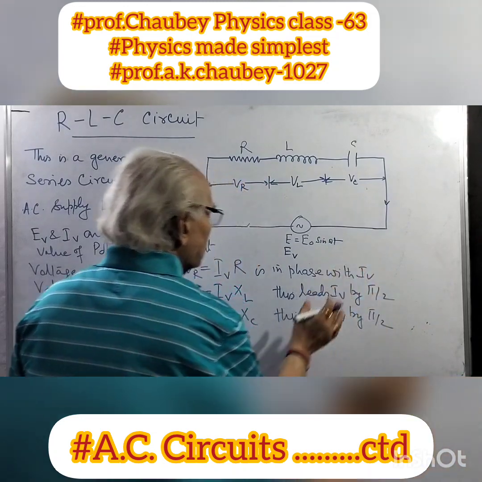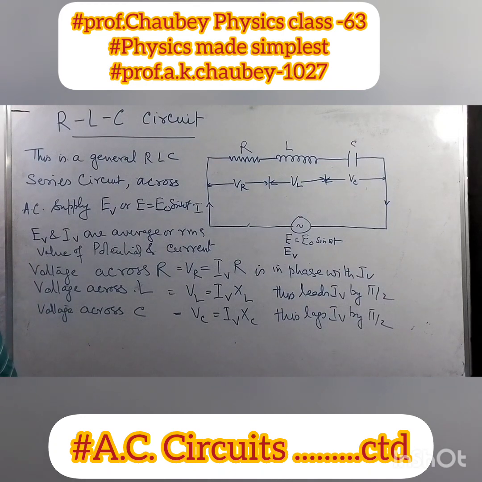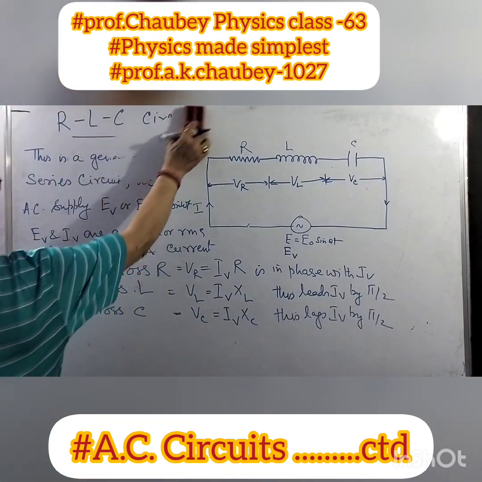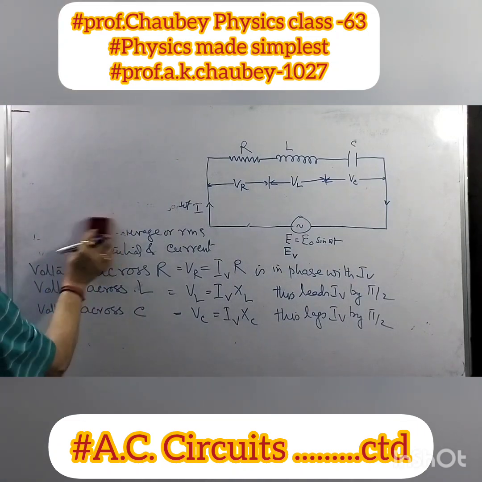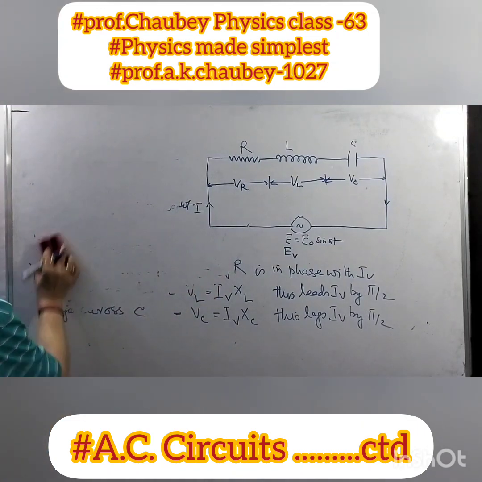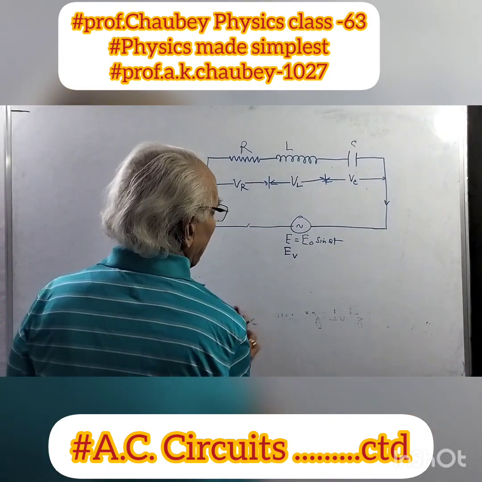Means this is plus, this is minus. So these are the results we know already from previous discussions, and we can make a voltage diagram, or we can make an impedance diagram, vector diagram also, that we have done in earlier cases.